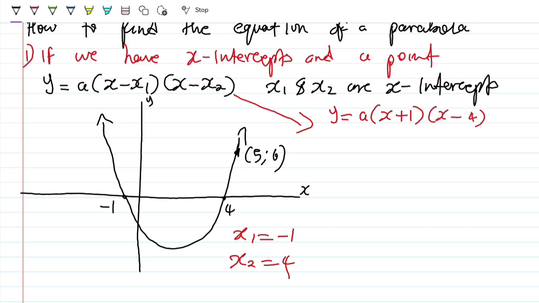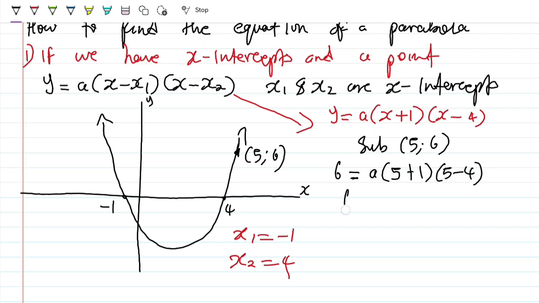What is left is for us to find the value of a, and for that we need to substitute another point that we have on our graph, and the other point is (5, 6). So let's do the substitution. Wherever there's y, we write 6, and wherever there's x, we write 5.